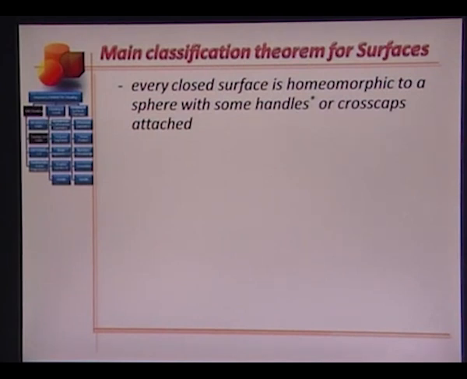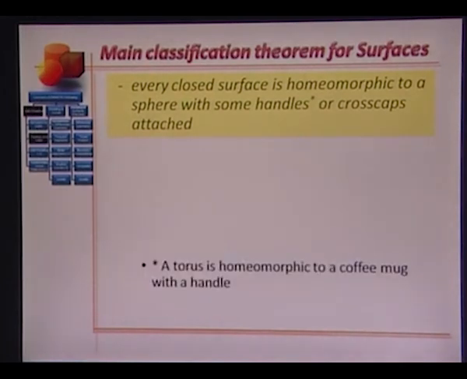I'll tell you what handles are. But this is the general statement that the main classification theorem makes for each and every solid around us. I'll demonstrate a little later what I mean by a handle.